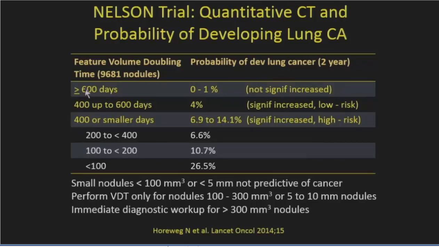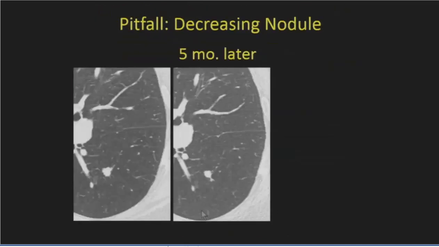If you have a volume doubling time greater than 600 days, probability of malignancy is 0 to 1%. 400 days or less, much higher likelihood of developing cancer. So not surprising, because we've known in the past that 400 is a good cutoff. And they do suggest that the volume doubling time can be useful for characterizing those intermediate size nodules.